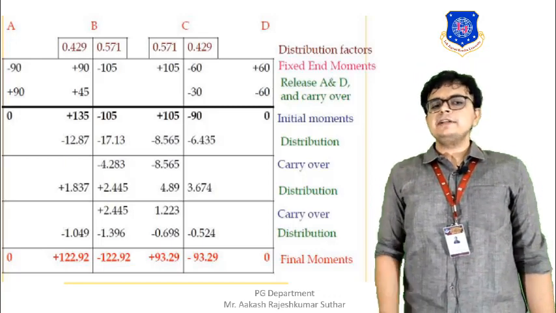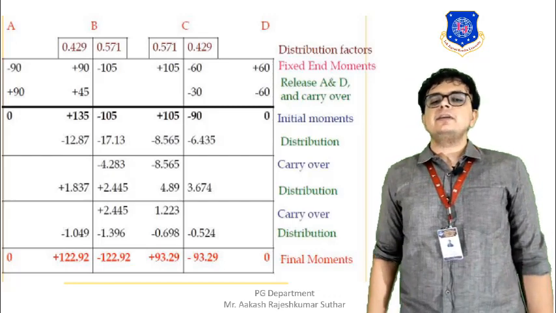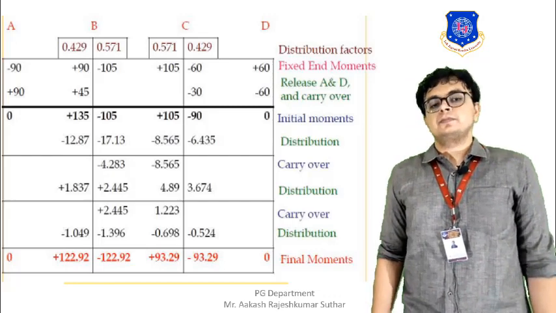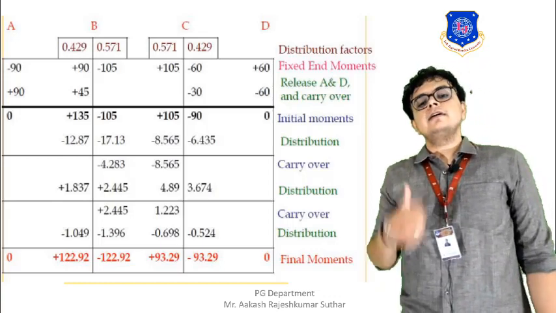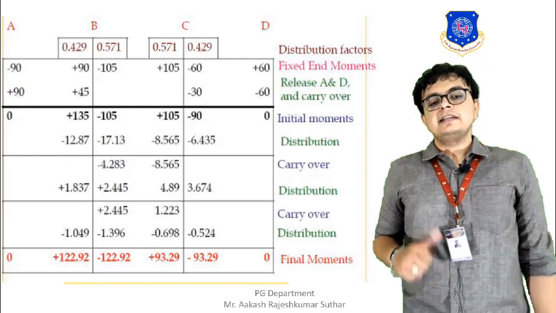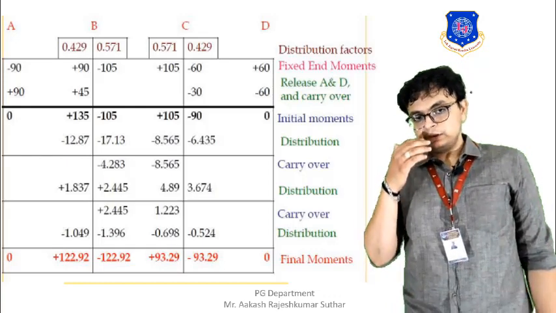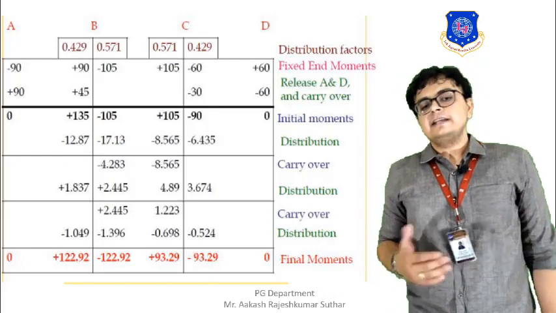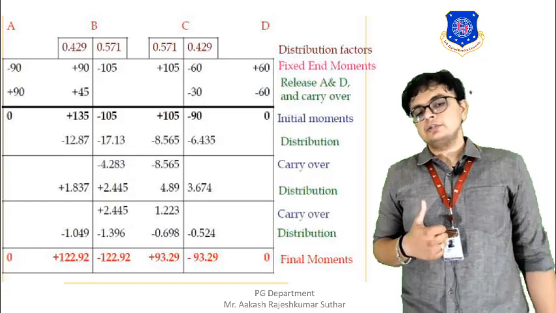So while doing the addition at A joint and B joint, we are getting the bending moment equal to 0 at A. Sorry, at joint B for MBA, we are getting the final moment of 122.92 kilonewton meter.